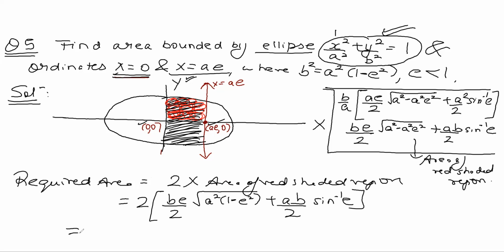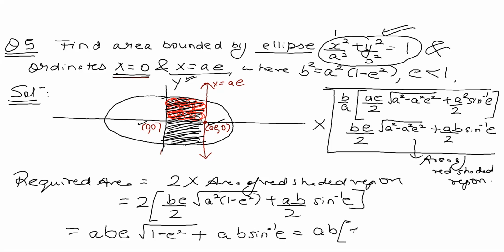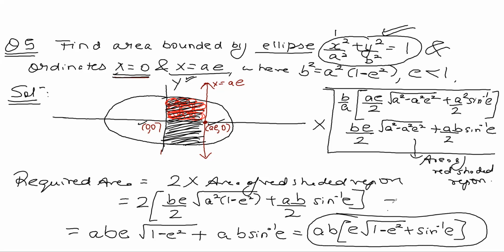So it becomes abe into under root 1 minus e square, I am just opening up the brackets here. And in this, I can take ab common. So becomes e into under root 1 minus e square plus sine inverse e. This is the final answer for this question.